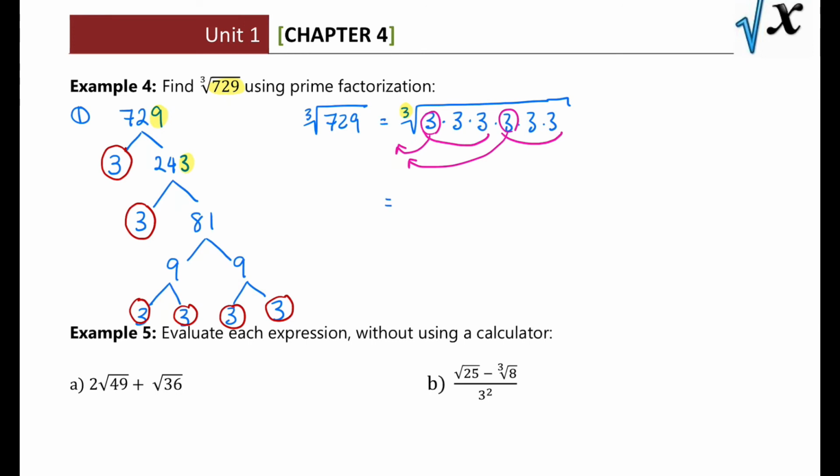We get 3 times 3 outside of the root, and then you can rewrite the rest. But notice that this is just equal to 1. So we can just say 3 times 3 is 9.